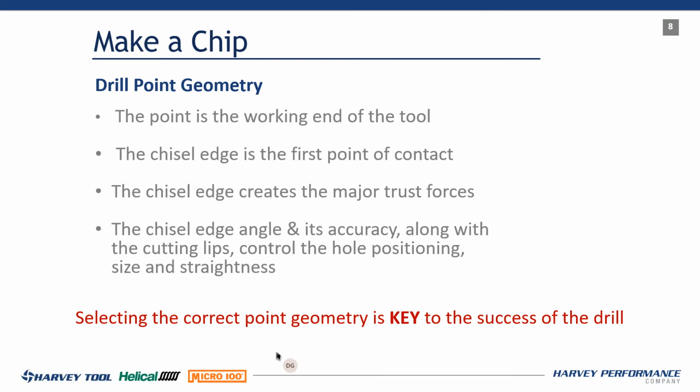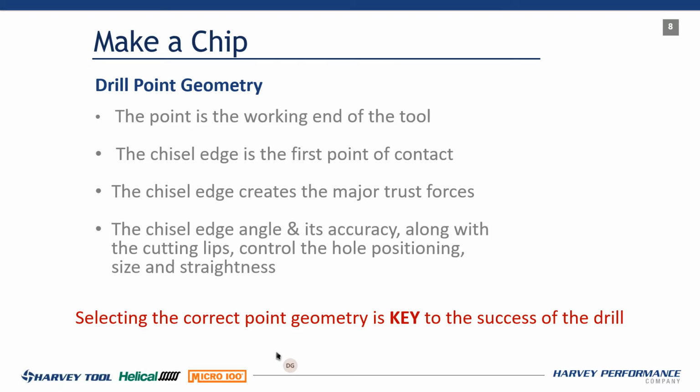So the drill point geometry is very critical. The point is the working end of the tool where the chip is actually going to be made. The chisel edge is the first point of contact with the material. Every drill has a chisel edge right in the center of it, and that's what touches the material first. The chisel edge creates the major thrust force. I think we forgot an H there, but you've got to trust your drill to get it done, so that's not entirely incorrect.